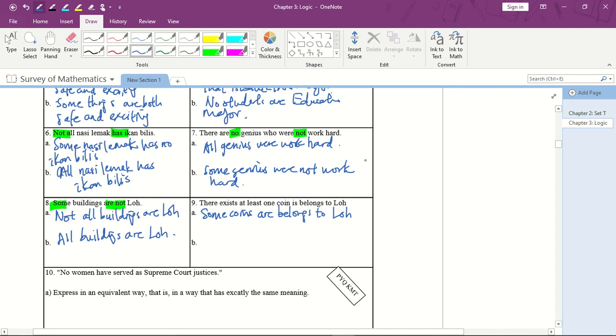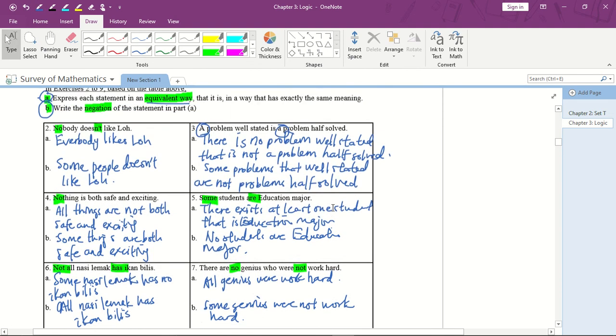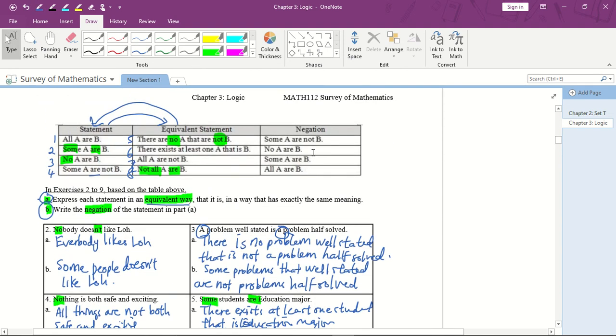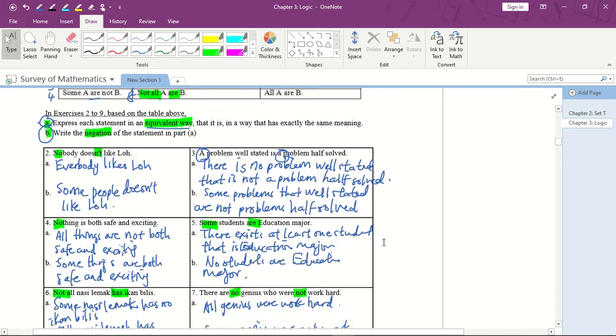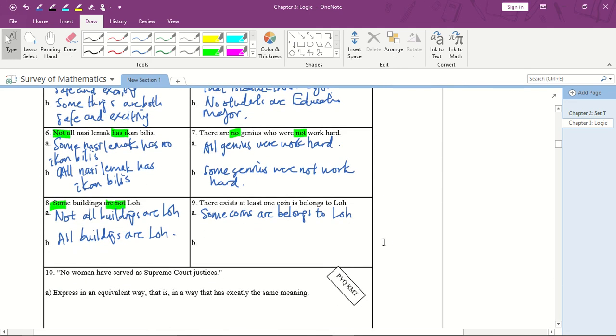Okay, it's kind of easy, right? And again, the right side will be the negation. No A are B. So no coins belong to law. Okay, so it's easy.